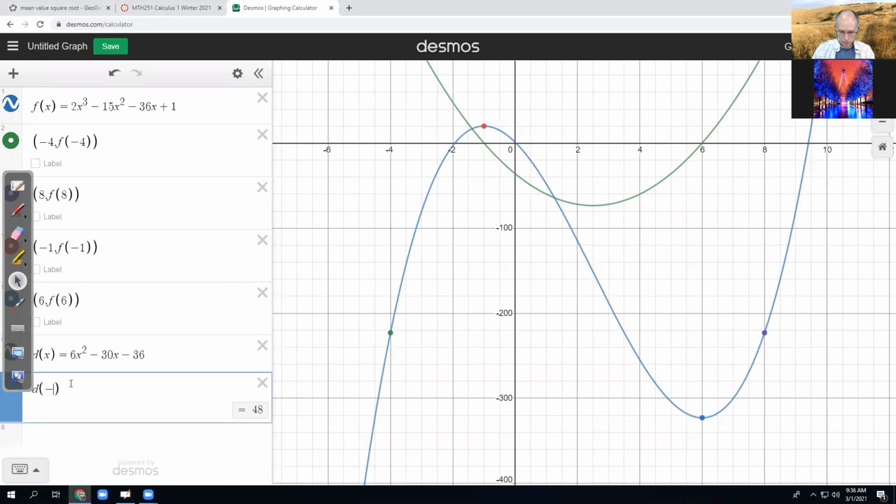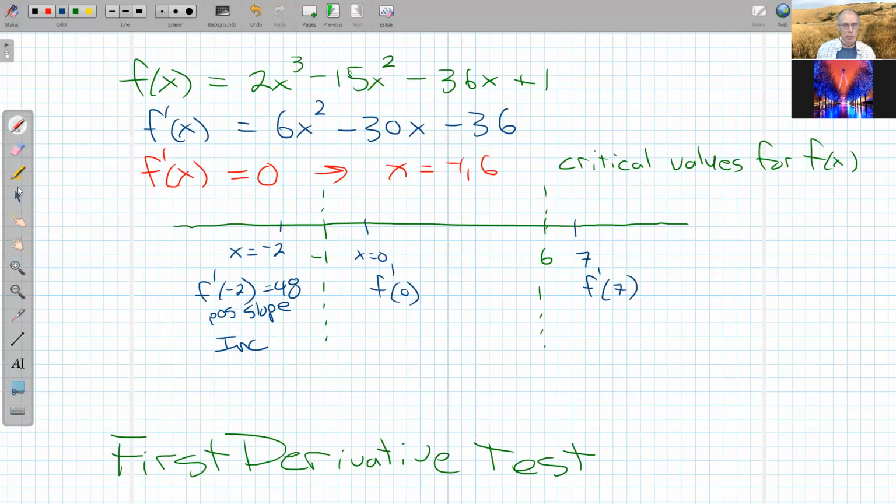And then I want to know what's going on at 0: -36. That one's pretty obvious. Negative slope there, decreasing. And so if I go from increasing to decreasing, then in the middle here, I must have a maximum of whatever f of -1 is.